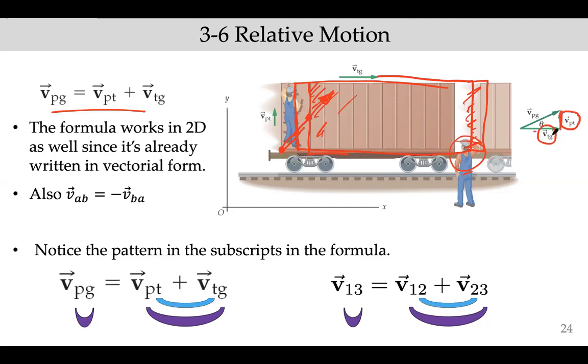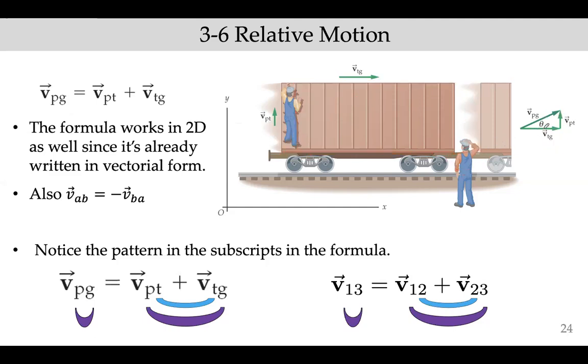But if you add these two velocities, what happens? If you add this one and this one, they are already head to tail. So this is initial, this is final. You will get the final velocity like this. And what does the addition give you? It gives you the velocity of the passenger with respect to the ground. So this is the velocity as seen by the observer on the ground.